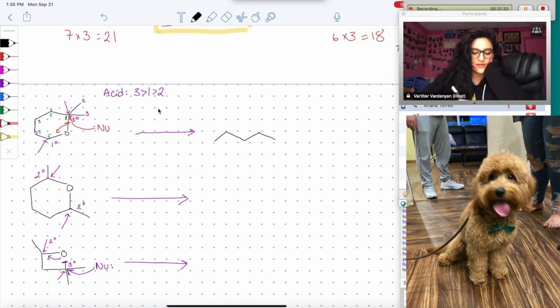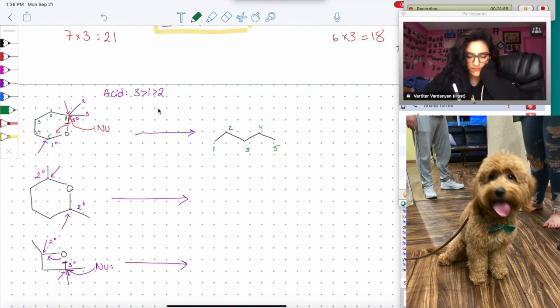1, 2, 3, 4, 5. And I'm going to start numbering here just because I said so. 1, 2, 3, 4, and 5. And so the first thing we want is to put the oxygen. So the oxygen is going to be on carbon 5. And we know that it will become protonated, so it will become an OH.